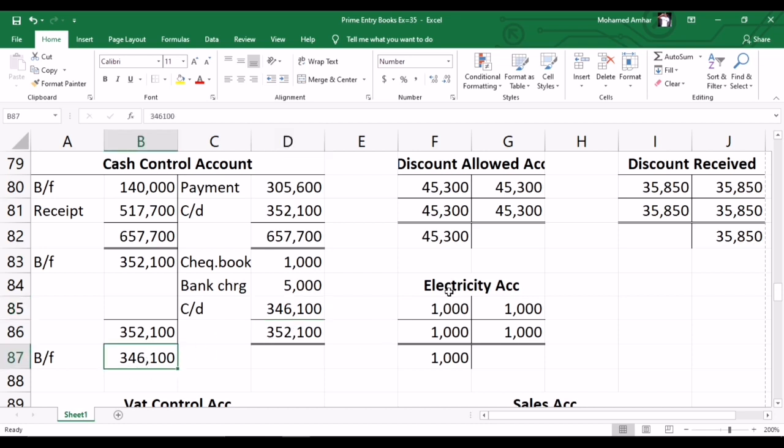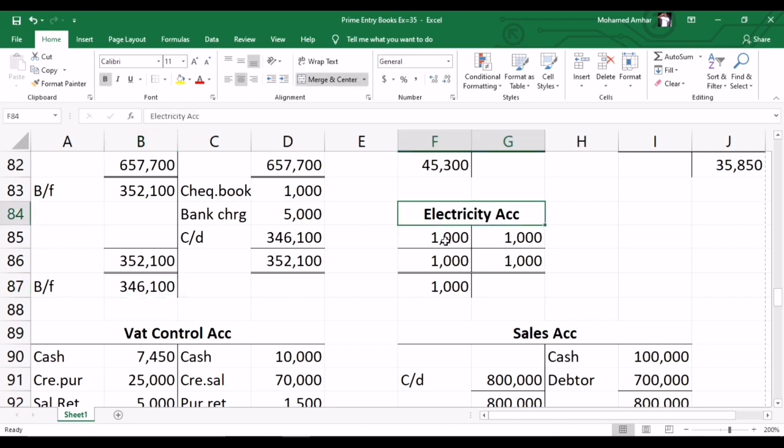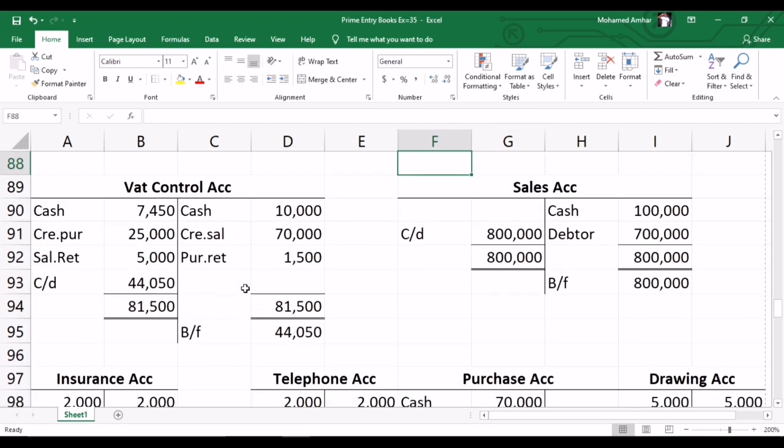Right. Electricity debited, total, carried down and brought forward. Same as VAT account, this credit side total is more, get the total first here and take the same total here. From this total deduct these amounts and find out the carried down balance, carried down and brought forward.